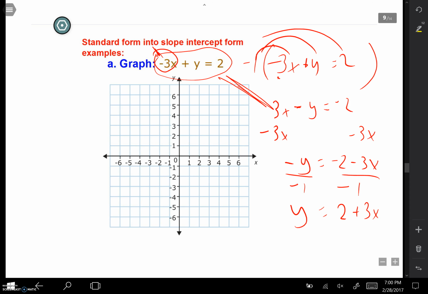And you can tell that I really didn't do much. I just moved 3x to the other side from the beginning. So there's my function right there. 2 is my y-intercept, and my slope is 3x. So up 3 over 1, down 3 over 1, and there is my function.